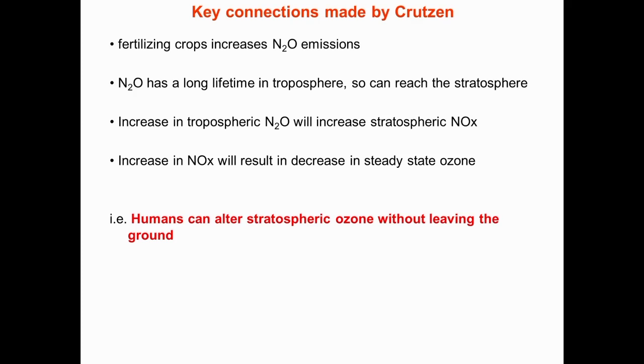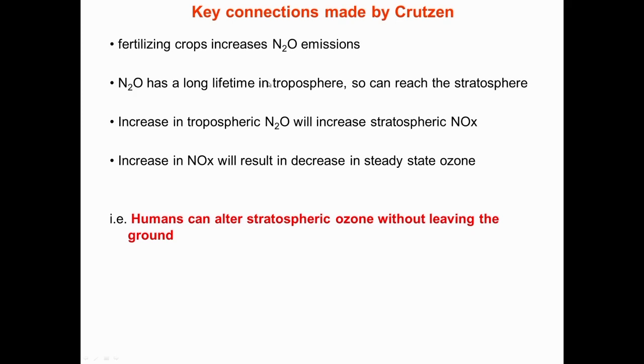So this study, which was in the early 1970s, was made by Paul Crutzen, who later on had a big role to play in the stratospheric ozone depletion from CFCs. But he postulated that the fertilising of crops, which is needed for the increasing population to get efficient food production to feed the number of people in an increasing industrial anthropogenic era.